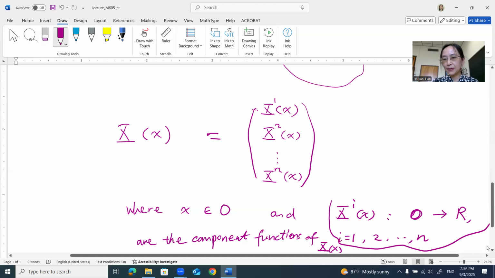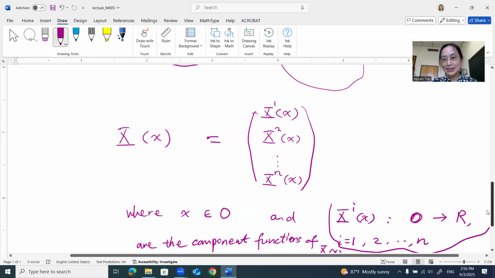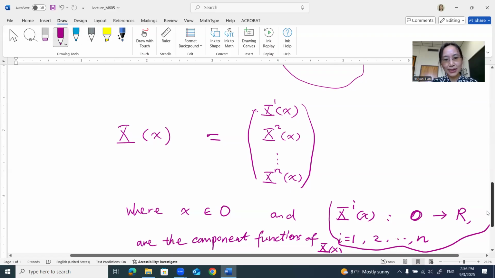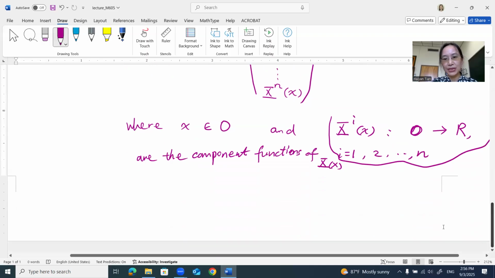Now once we have a clear understanding of the notations, then we can study a very general system of n equations. So let's write a differential equation system.